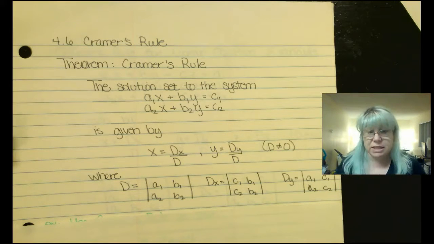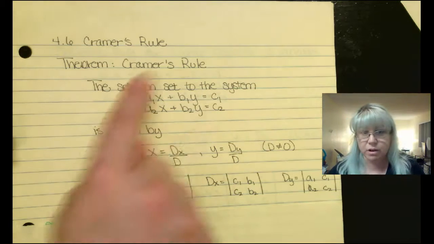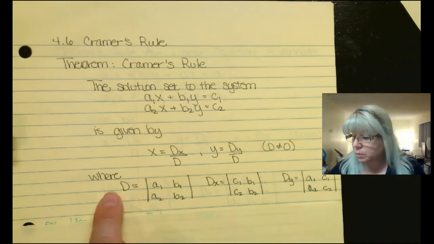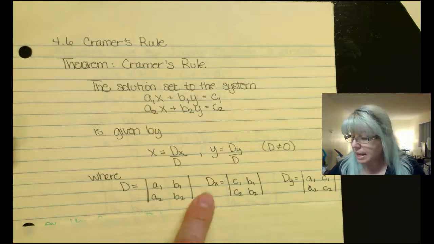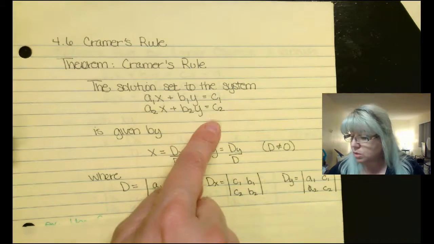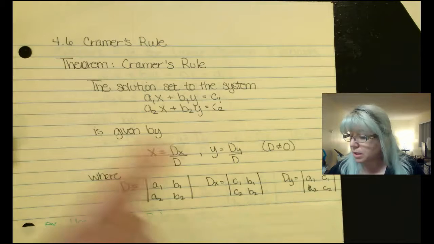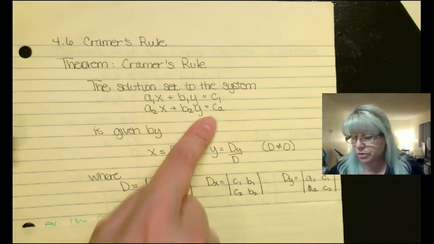Well, they're the determinants of a very particular set of values out of our two-variable system of equations. So d is going to be a1, a2, b1, b2. dx is going to be c1, c2, b1, b2. And dy is going to be a1, a2, c1, c2.